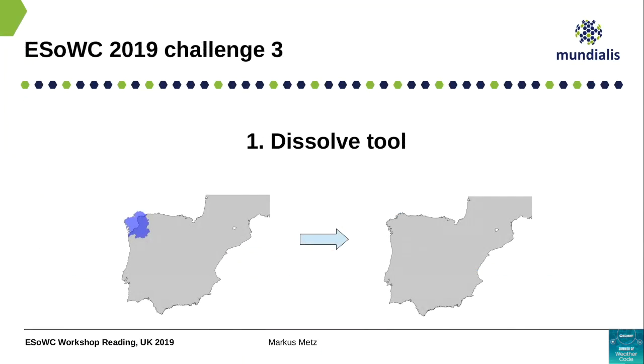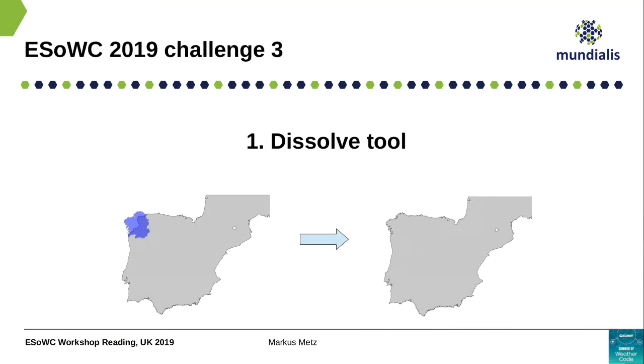I'm now coming to the challenge, to the first part, the dissolve tool, adding a new partner region as introduced by Calum. Again, this is the same example with adding Galicia to the partner regions or to the dissemination centers. As you can see here, Galicia is not matching exactly the existing partner regions.